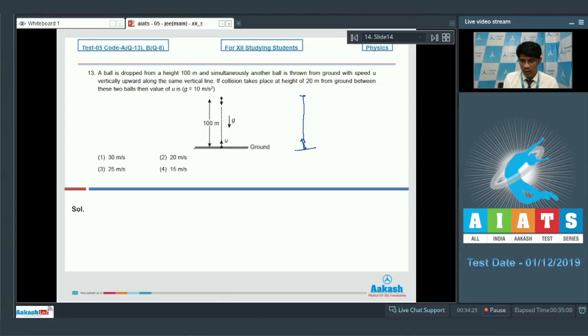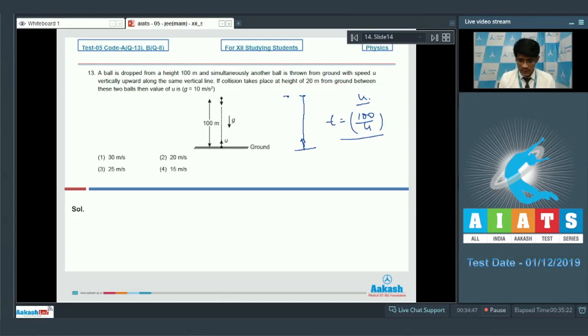So the relative velocity of this particle with respect to this one is already u. First we need to calculate the time at which the collision will be taking place. Let it be t. The relative distance was 100 meter, so t is 100 divided by u. This is the time at which the collision will be taking place.